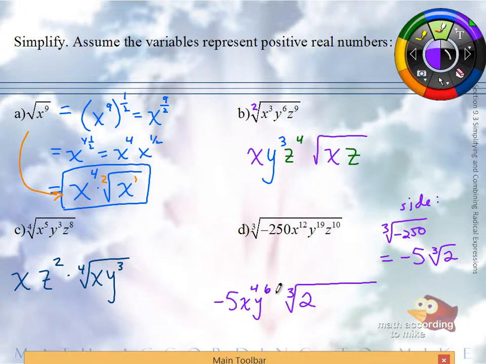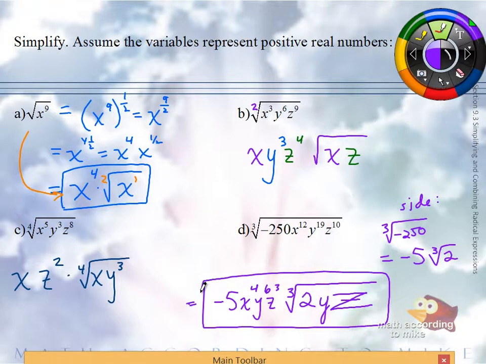How many are left over? 1. 3 goes into 10 3 times. 1 left over. Perfect. Don't lose your 3, otherwise you're turning it into a square root.